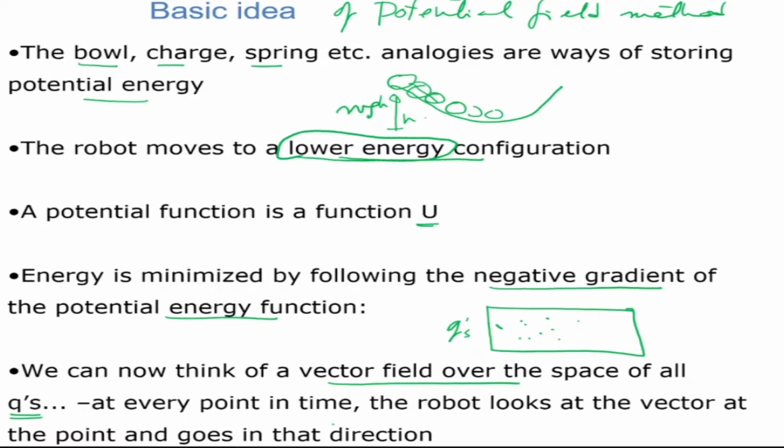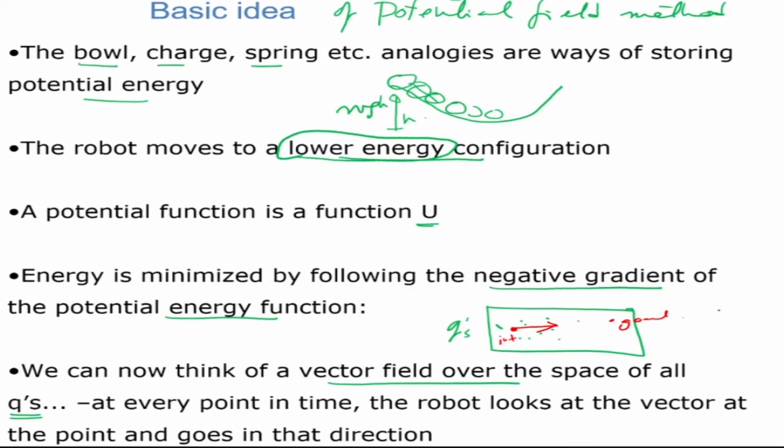Now at every point, the robot looks at the vector at that point and goes in that direction. Suppose the robot is here, the initial point, and this is my goal point. Now if the robot is being attracted by the goal, then the vector would be in this direction, because it is being attracted towards the goal.